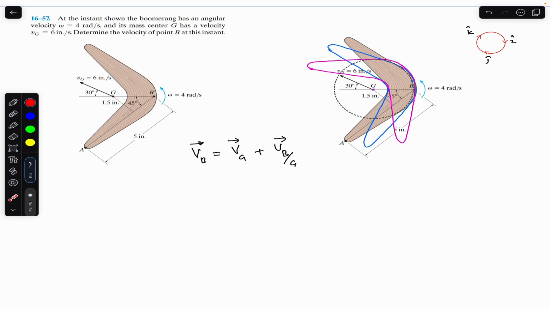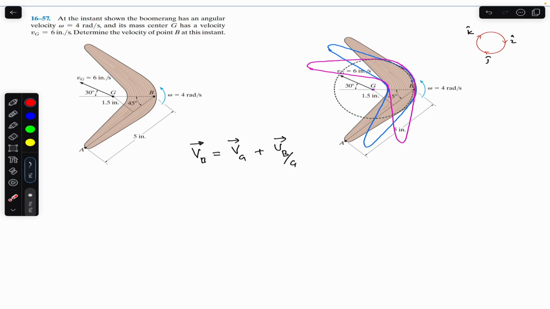Whatever velocity you write here, that subscript will come here, and the velocity of B and everything written here will come in the numerator. So this is a shortcut for remembering this relative velocity equation. So VB is equal to Vg plus the velocity of B relative to this point G.